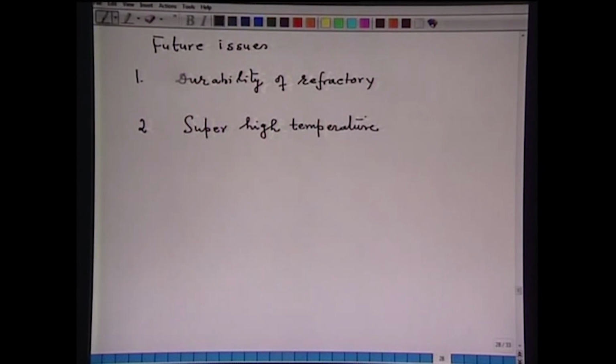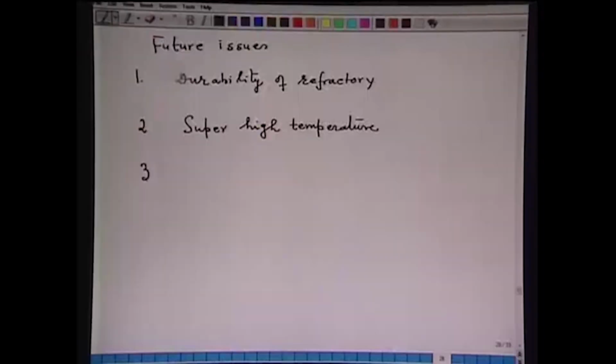Mind you, unless these refractory are available, one cannot implement the post combustion technology in electric arc furnace or BOF. That is very important, and in this connection also the energy optimizing furnace, where also very high temperature is created because of post combustion in the furnace. So, the refractory development would be an important issue.